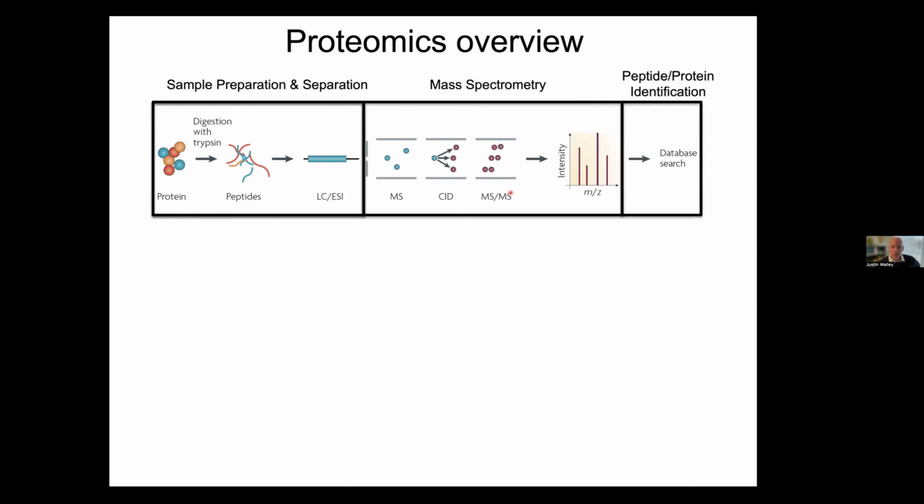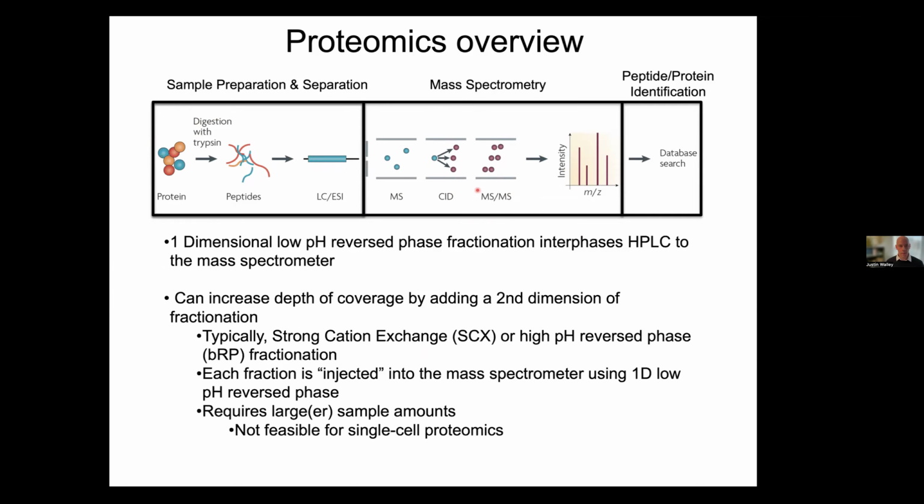And as I go through proteomics, I'm going to focus on 2 aspects going forward. One is the sample preparation part, and the other is the mass spectrometry choices you can make. But I want to just highlight the sample separation. For all of the single cell proteomics I'm going to be discussing, folks use one-dimensional low pH reversed phase fractionation. This interfaces the HPLC separating the peptides with the mass spectrometer.